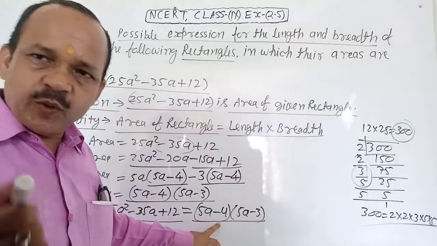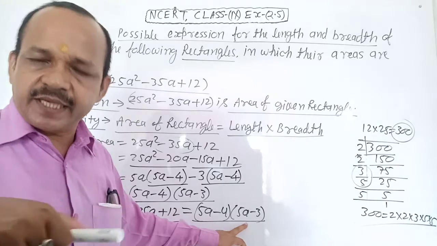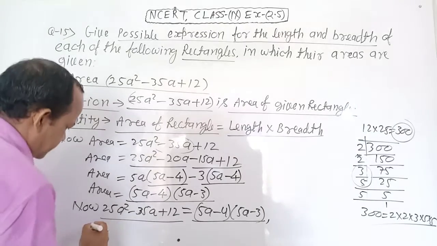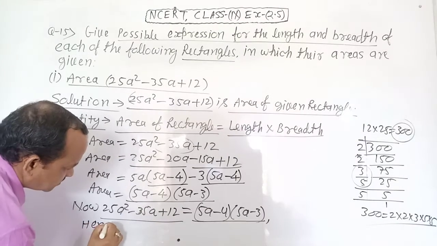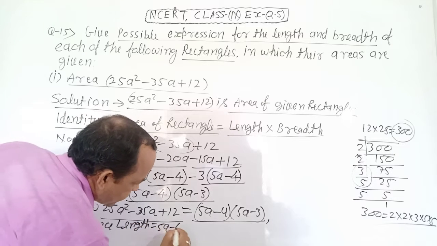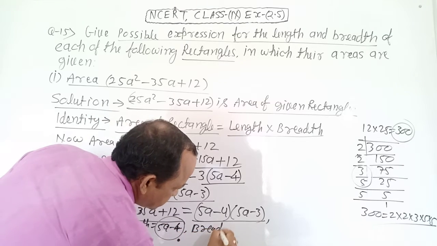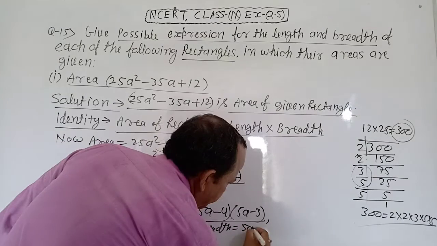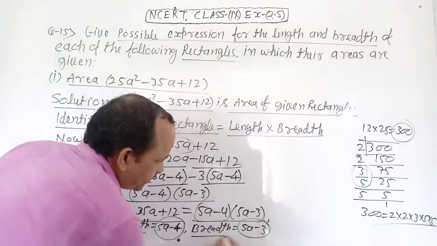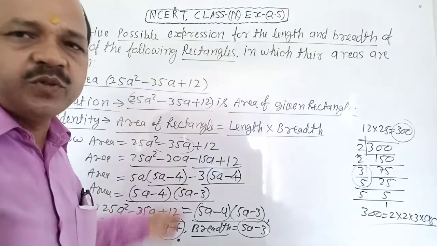Here 5a minus 4 is smaller, it means it is the breadth, and 5a minus 3 is greater, it means it is the length. Hence length equals 5a minus 3, breadth equals 5a minus 4. You find length and breadth of the rectangle very easily. It is clear, no confusion about it.